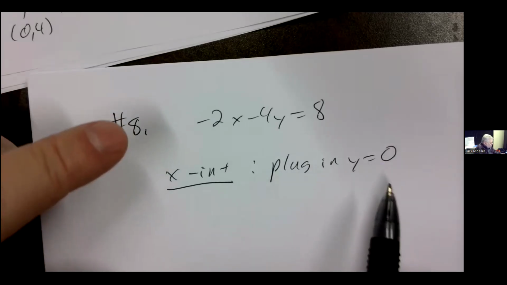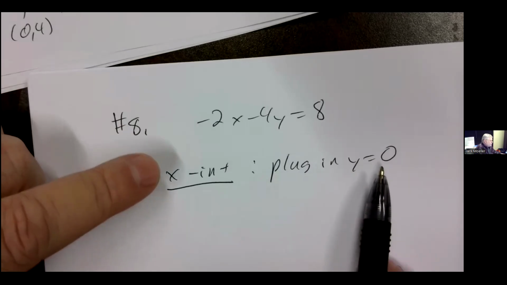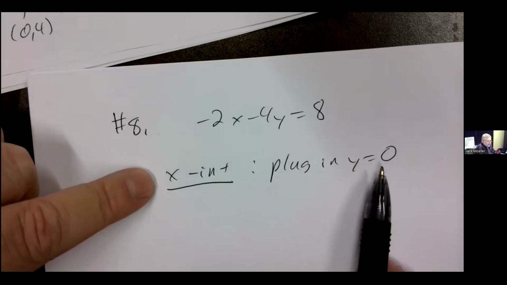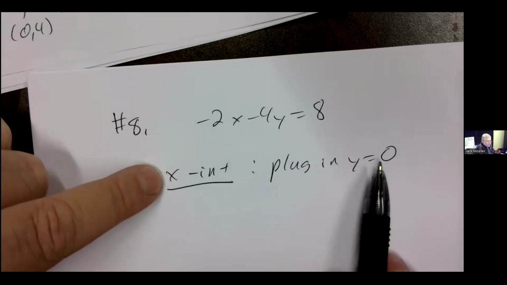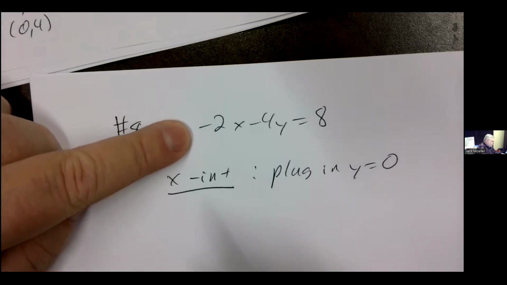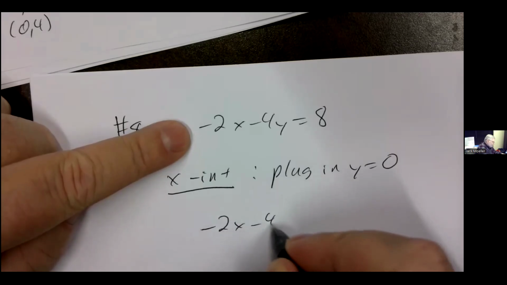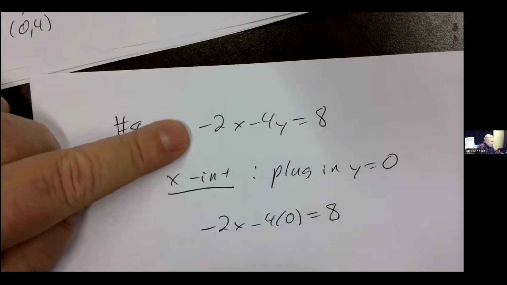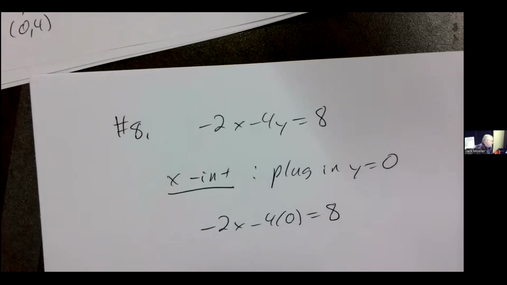I'll say this multiple times: for intercepts, the opposite variable is equal to 0. For the x-intercept, y is equal to 0, and vice versa. So we plug in y equals 0. One of the nice things about finding intercepts is that plugging in 0 usually makes the math quicker.